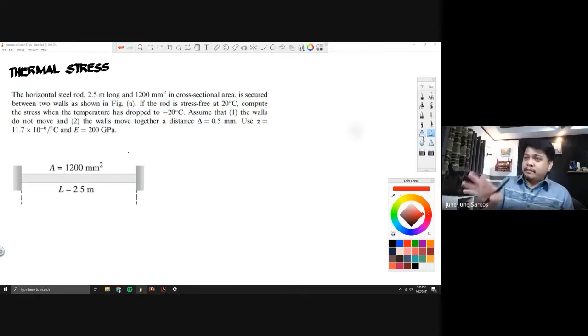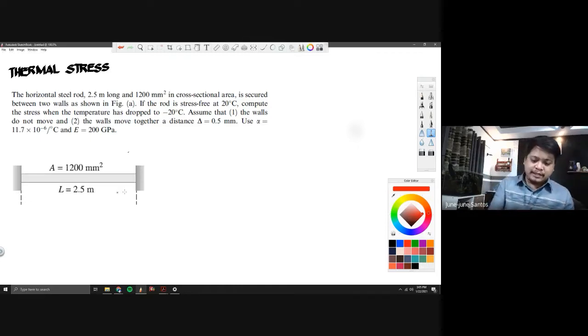Okay? So ibig sabihin, at 20 degrees Celsius, saktong-sakto na yung length ng bakal mo is 2.5 meters. Walang sobra, walang kulang. Okay? It means, kung saktong-sakto siya at this distance na 2.5, wala pang stress na nai-induce sa kanya.